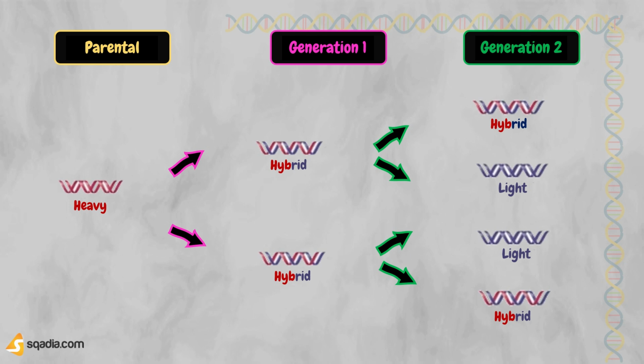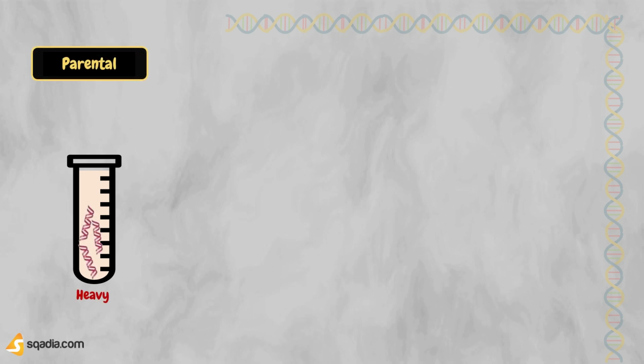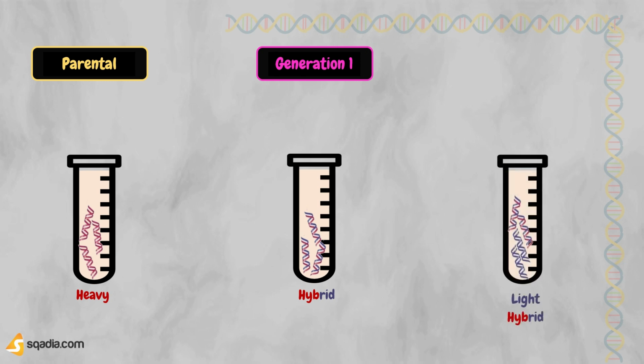Meselson and Stahl followed the semi-conservative replication of DNA through 3 generations of growth of E. coli. When DNA was extracted from bacteria and separated in a density gradient by centrifugation, the DNA formed bands corresponding to its density: heavy for parental, hybrid for the 1st generation, and half hybrid and half light in the 2nd generation.